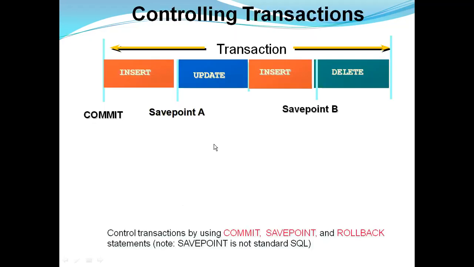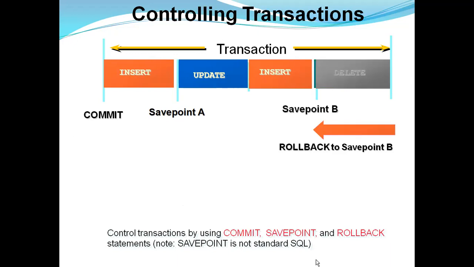Understand here. Now let's say this is my transaction. Insert, update, insert, delete. Here I have created save point A. Here I have created a save point B. If I use a rollback till save point B, then B के बाद हमने क्या किया है? Delete. So delete will cancel.